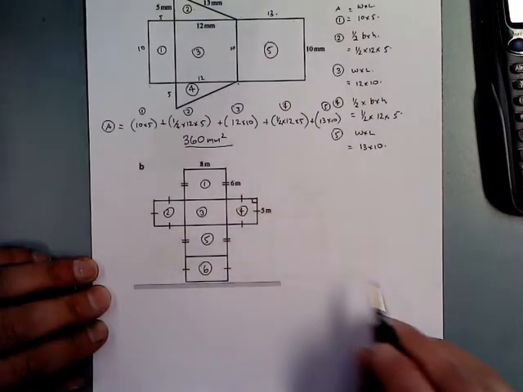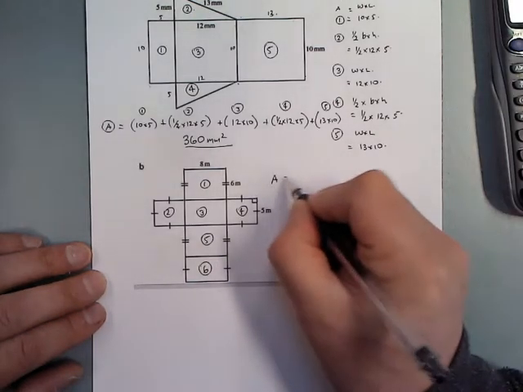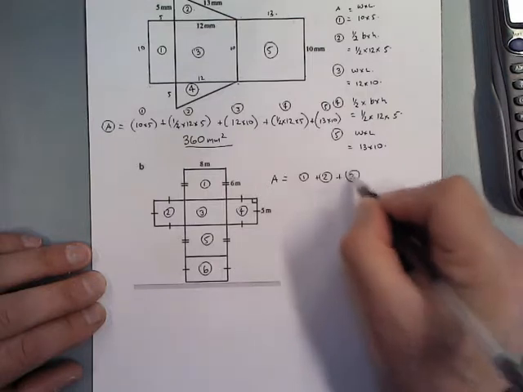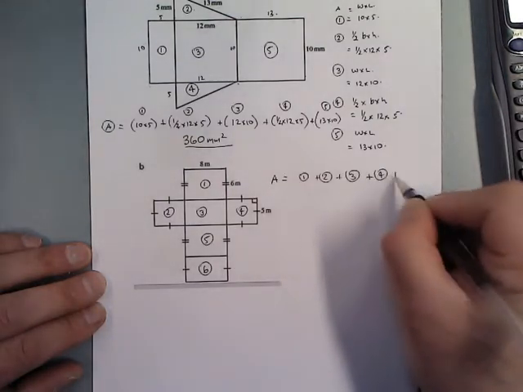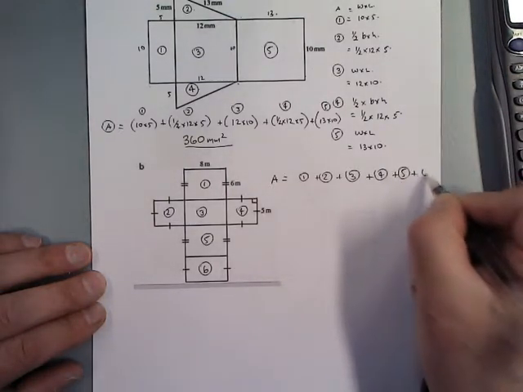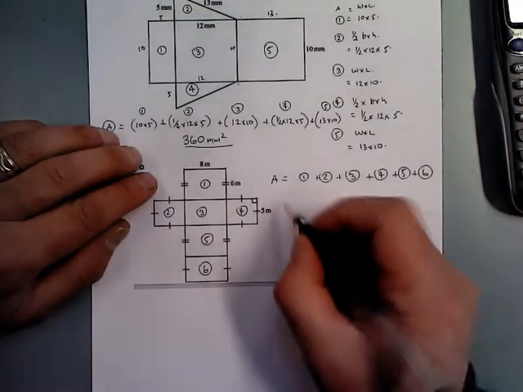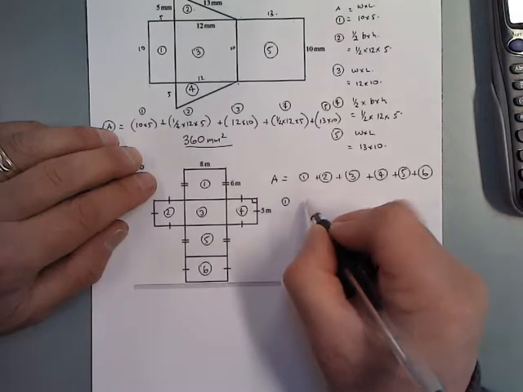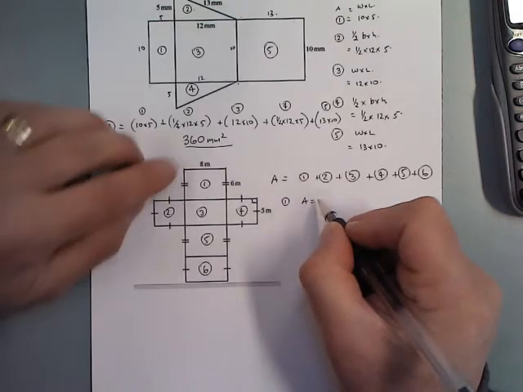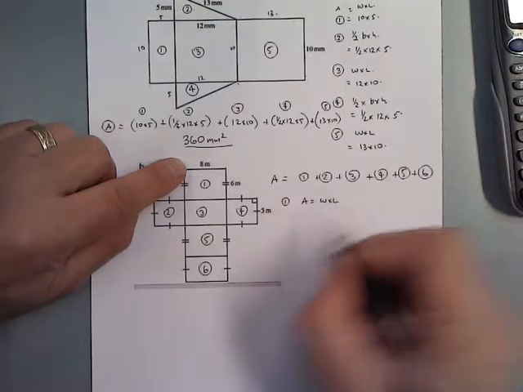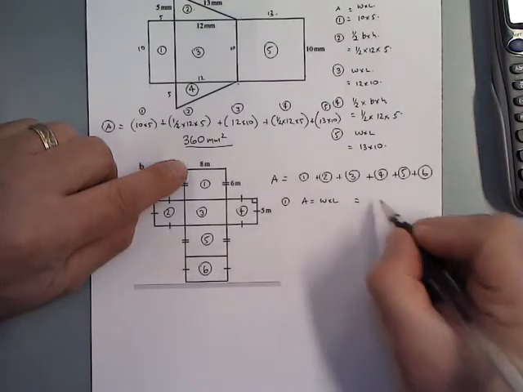So the total area will be 1 plus 2 plus 3 plus 4 plus 5 plus 6. Okay, so area 1 is width times the length. In this case it is 8 times 6.